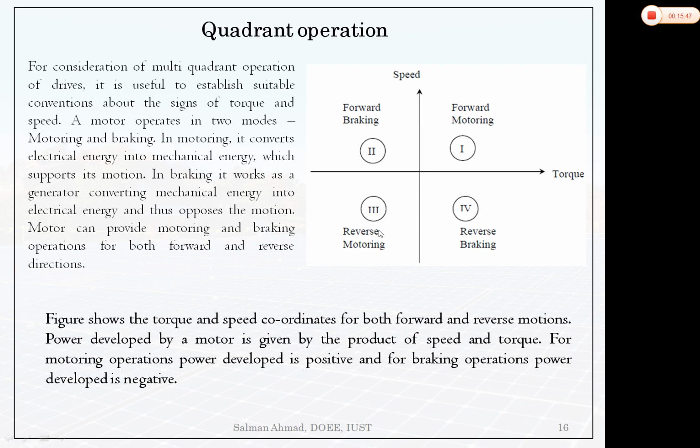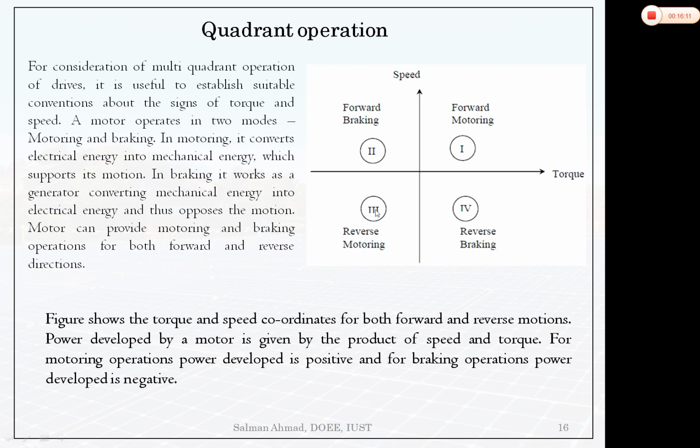Similarly, in the third quadrant the speed is negative and torque is also negative, so the product will again be positive, so that is motoring operation. That means the motor will drive the load. Here the speed is in the reverse direction, so we call it reverse motoring.